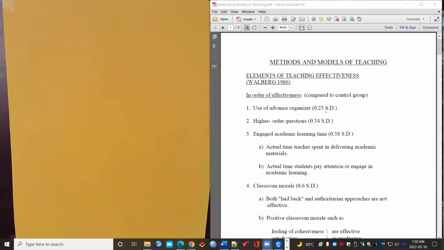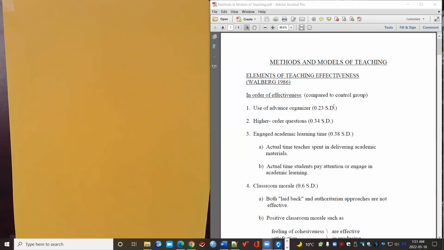All the standard deviations here, 0.23, 0.34, 0.38, and so on, they're just measurements, okay? So the whole idea is that 0.23 standard deviation for, let's say, use of advanced organizer means the experimental group has an achievement score significantly higher than the control group.